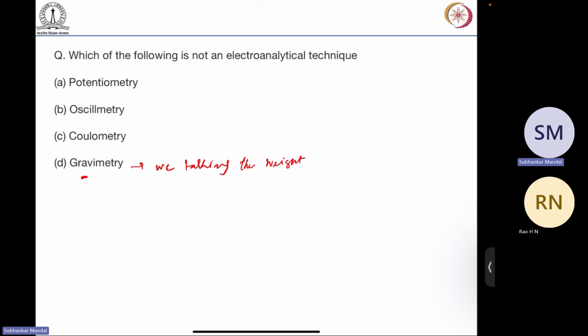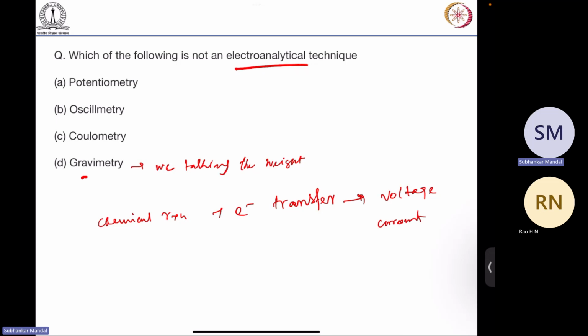In an electroanalytical technique, you do some chemical reaction, and due to that some electron transfer happens, and due to that you get some voltage or current.